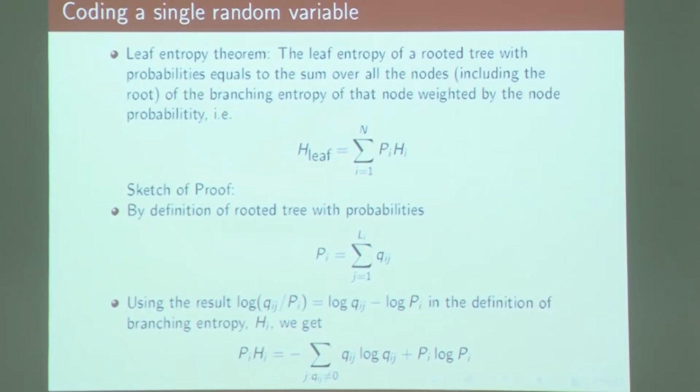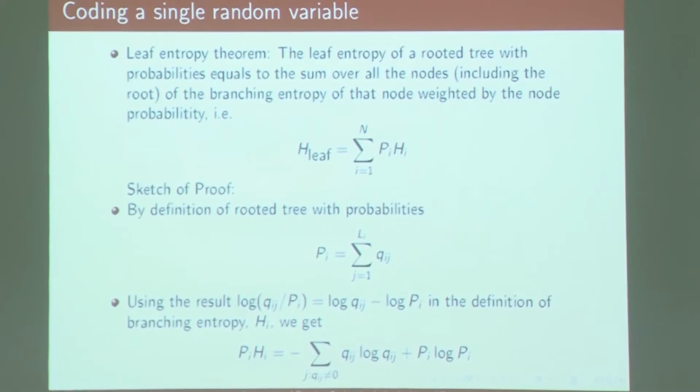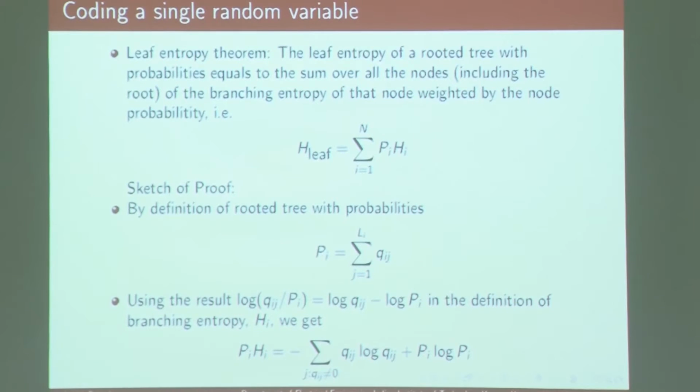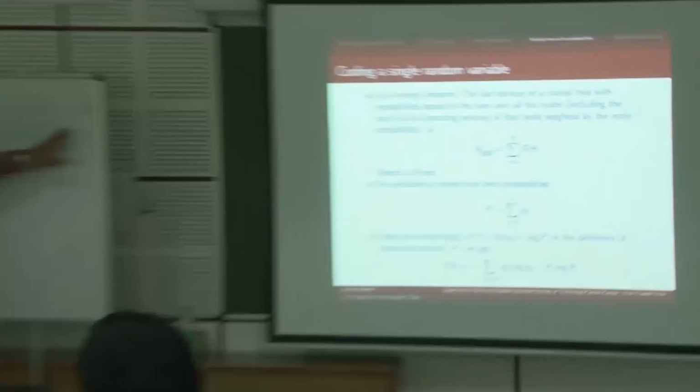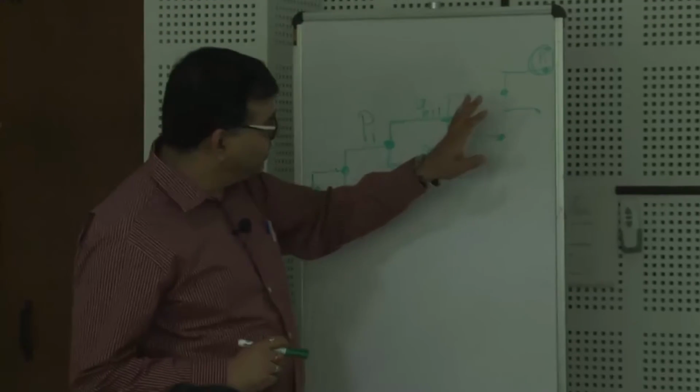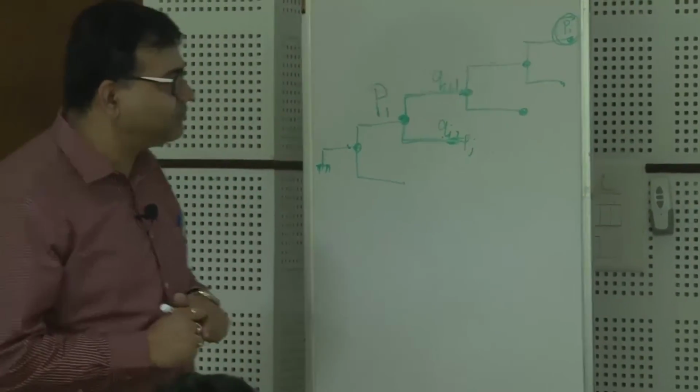Now let us look at three categories of node. We will look at the root node, all other nodes, and nodes from where leaves are stemming out.